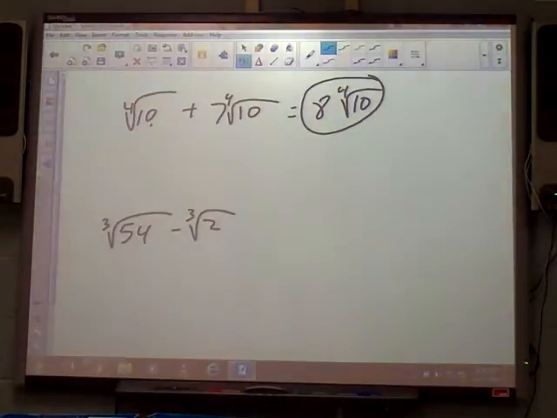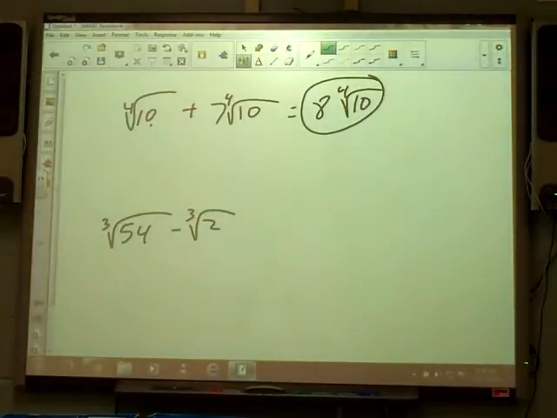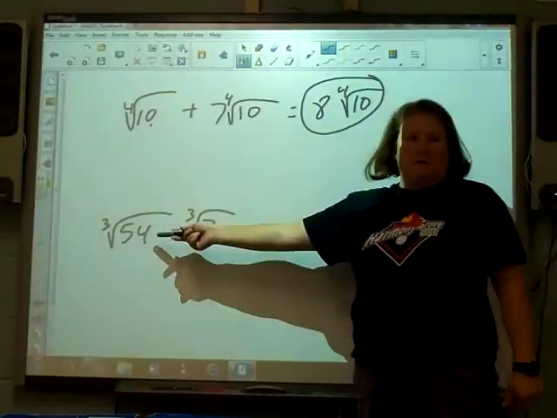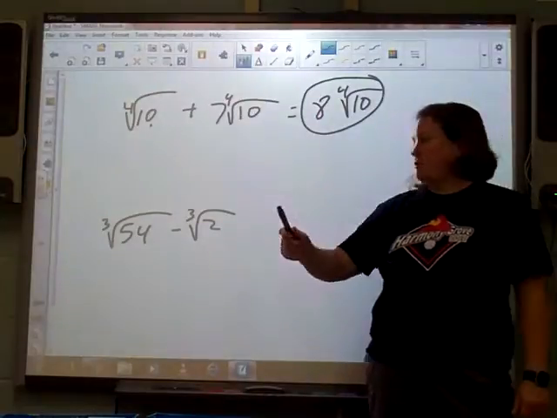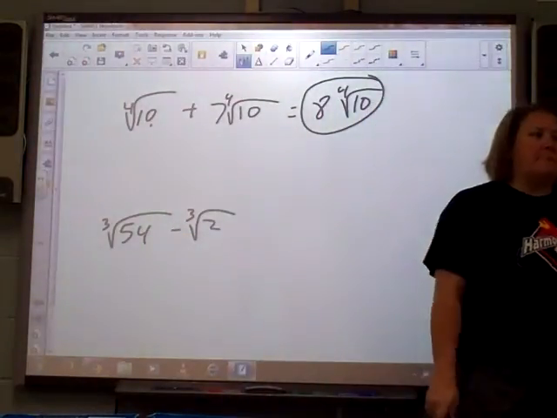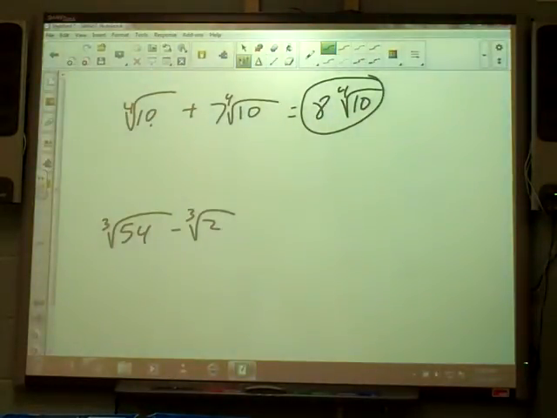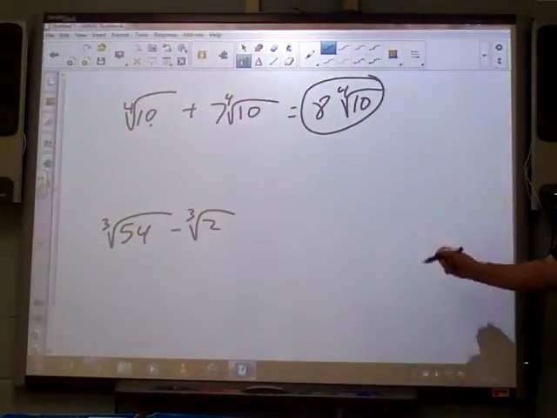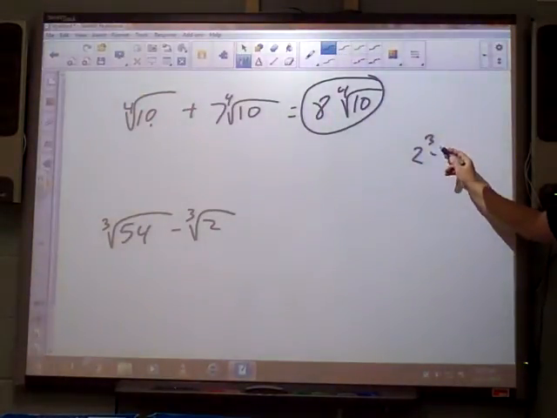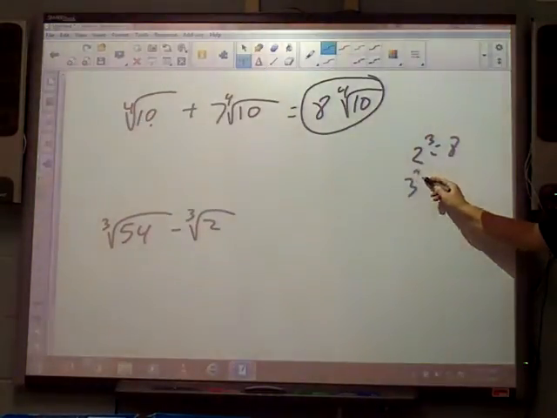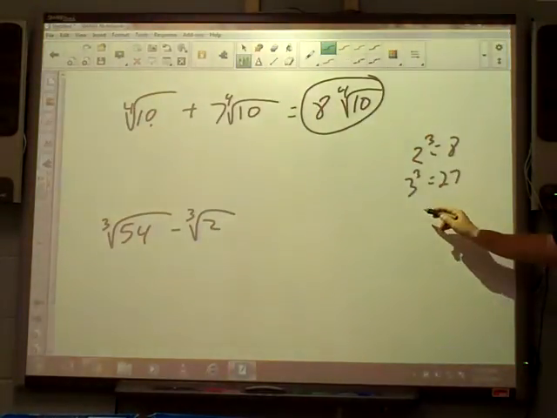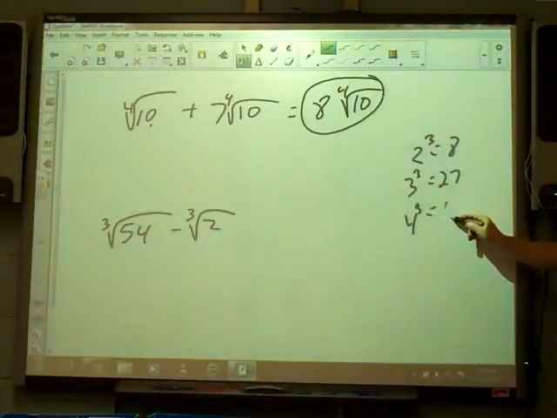Can I do that on this one? No, you cannot. Not yet, you're correct, because 54 and 2 aren't the same thing. But 54 has a perfect cube that goes into it. Perfect cubes: 2 cubed is 8, 3 cubed is 27, 4 cubed is 64.